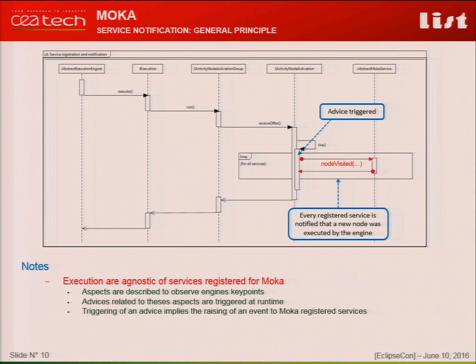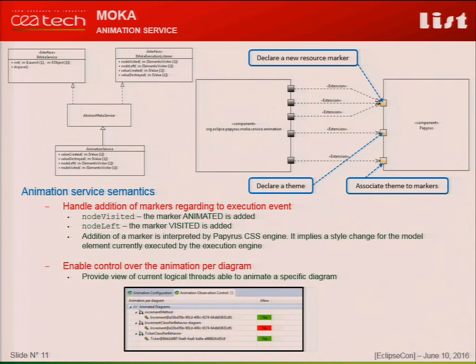And when you go through a particular node, it calls a particular aspect, and this aspect triggers an advice, and this advice will notify the abstract Moka service, the services that are registered into Moka. And this lets the services interpret the event and perform some behavior that is implemented in the services.